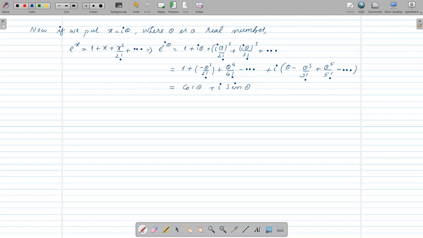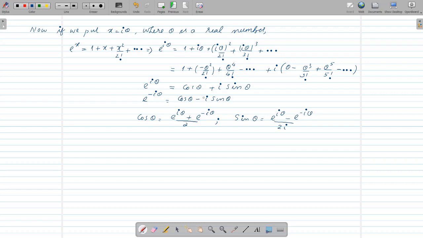So e raised to i theta, for this complex number, gives cos theta plus i sine theta. Then e raised to minus i theta gives cos theta minus i sine theta. Then from these two equations you can get cos theta is equal to e raised to i theta plus e raised to minus i theta divided by 2, and sine theta as, that means, sine theta equal to the corresponding difference.